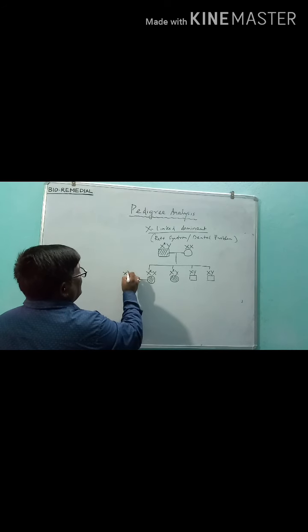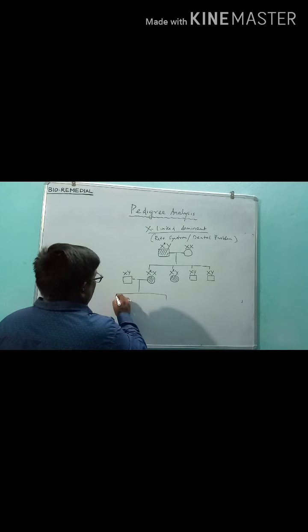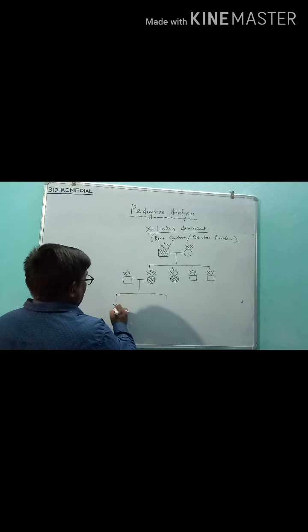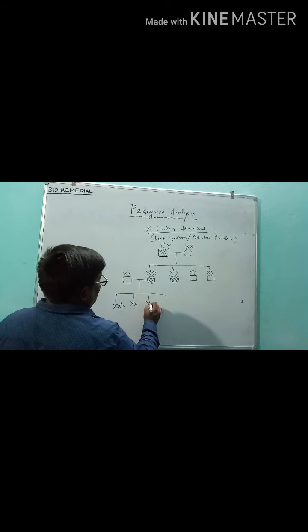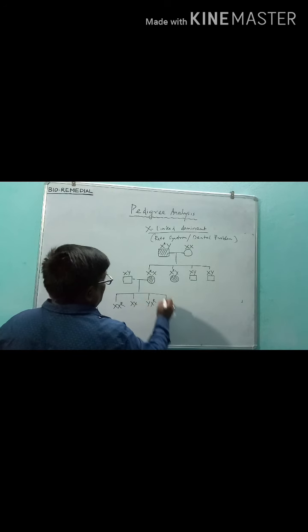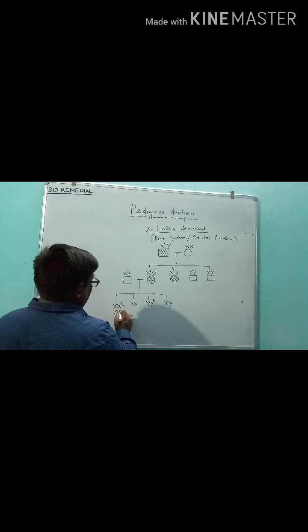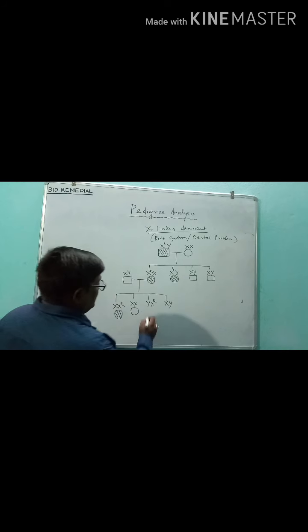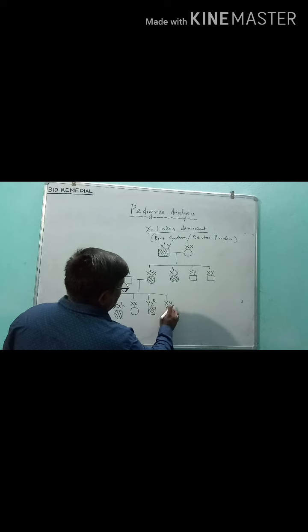Normal male means X and Y. Now the third generation will be the combination like X and X^R, then X and X, the third one is Y and X^R, then X and Y. So here the male will be defective, this female will be defective, the second female will be normal, then this male will be defective, and this male will be normal.